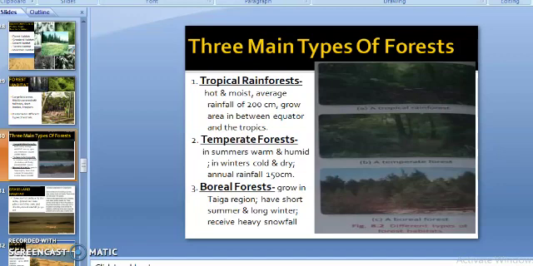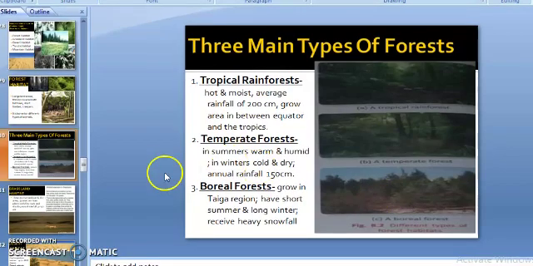Trees in boreal forest are evergreen like pine, fir, spruce, all pointed trees. They are conical in shape and they have needle-like leaves. These are the pictures given over here: tropical rainforest, temperate forest and boreal forest.